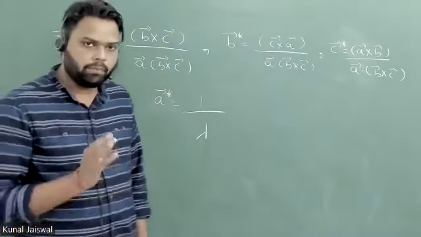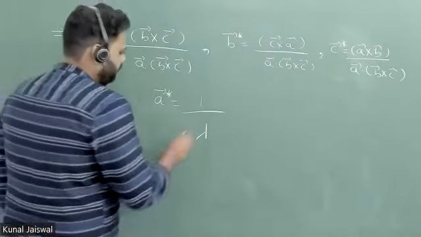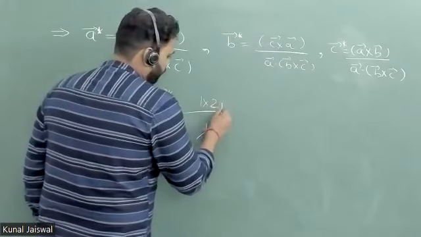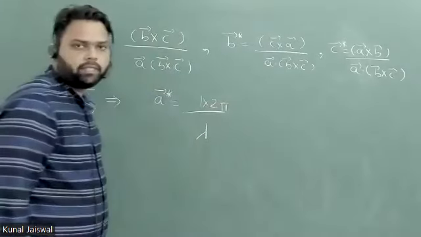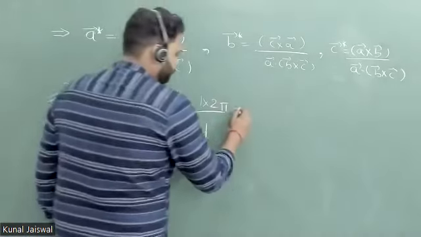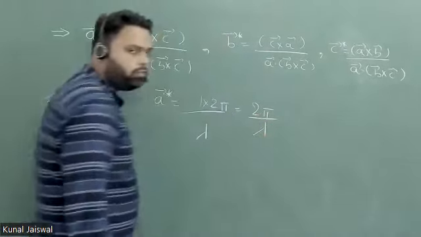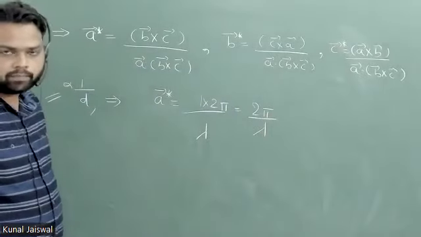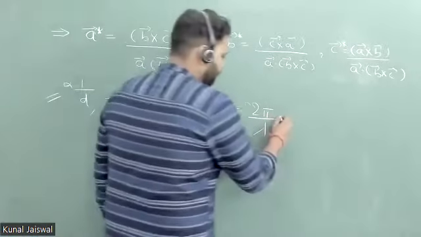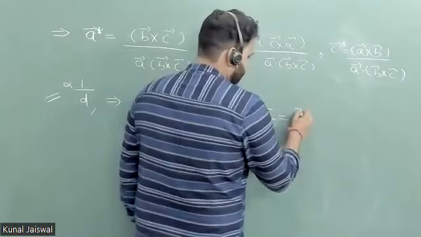नहीं. But if we multiply this by 2 pi, then it will become 2 pi by lambda, and 2 pi by lambda is equal to what? Wave vector, that is k.